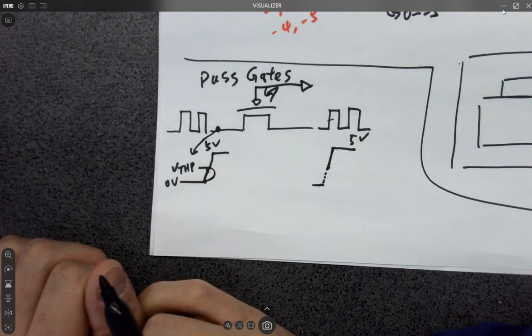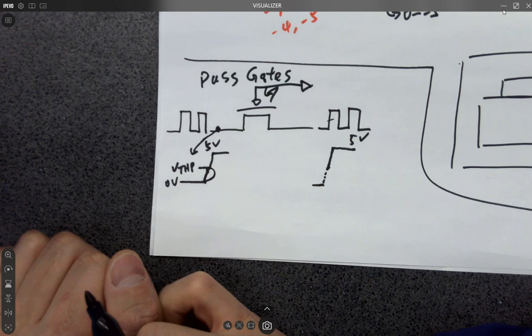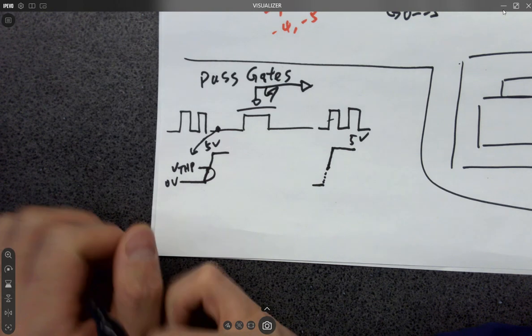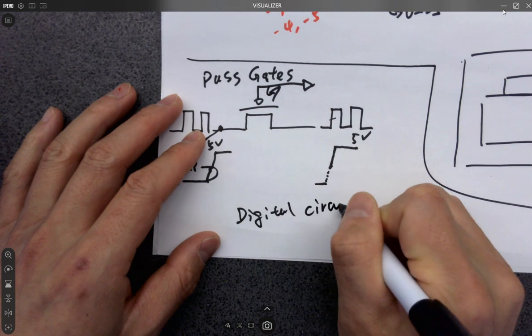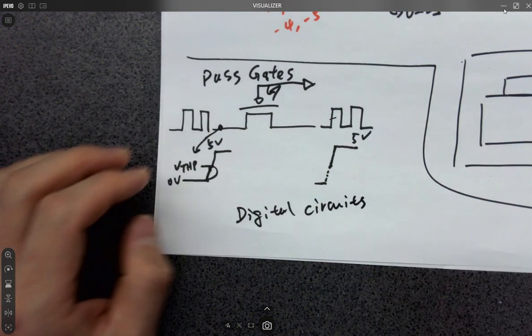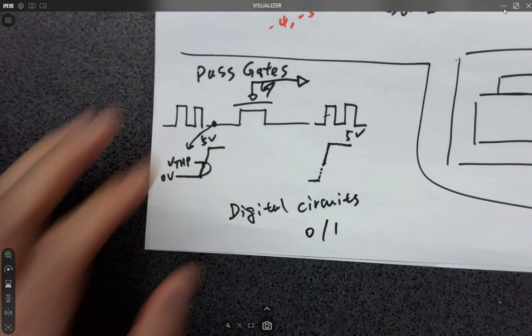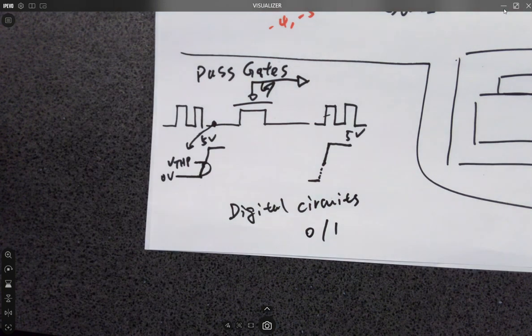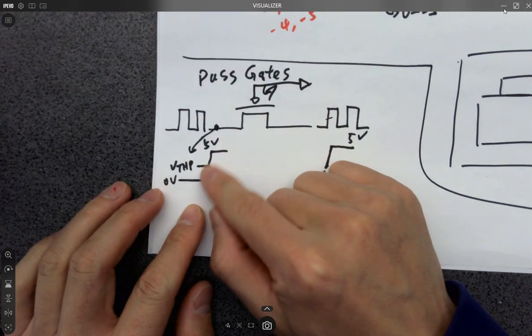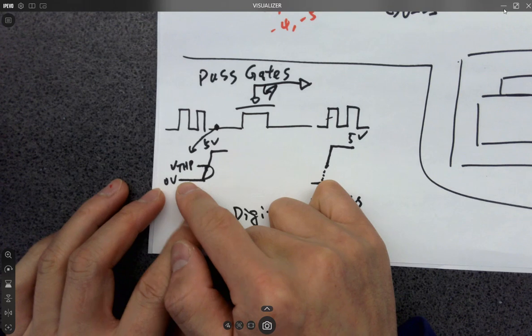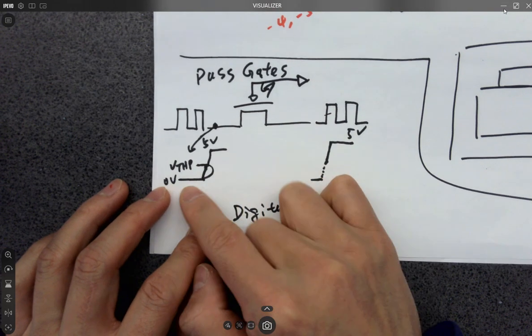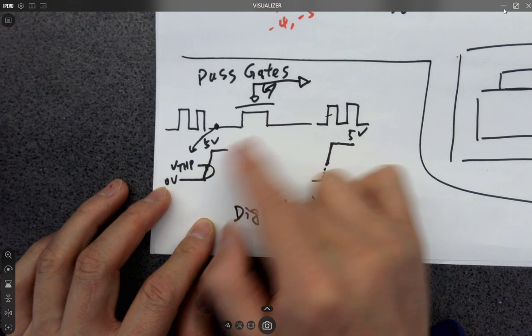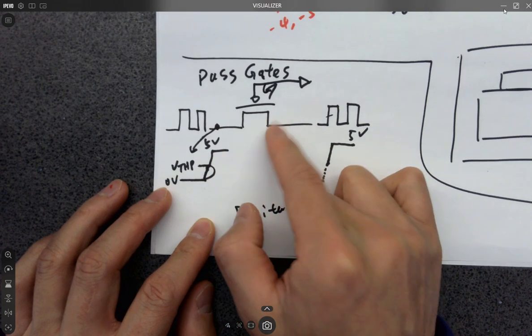So PMOS is not good at passing zeros. We're talking about digital circuits, right? Which means we only care about 0 and 1s. We don't worry about all these intermediate voltage values. We just want to know whether zeros can pass through the PMOS or not, but eventually it cannot. But the 1 can definitely pass the PMOS.